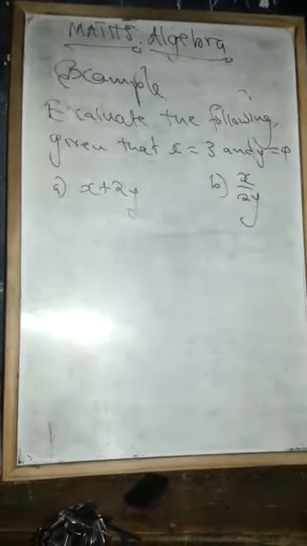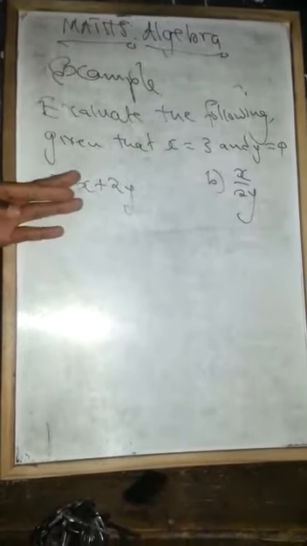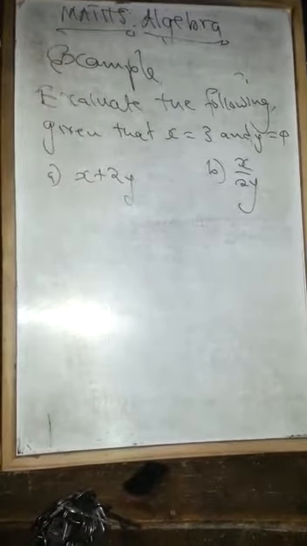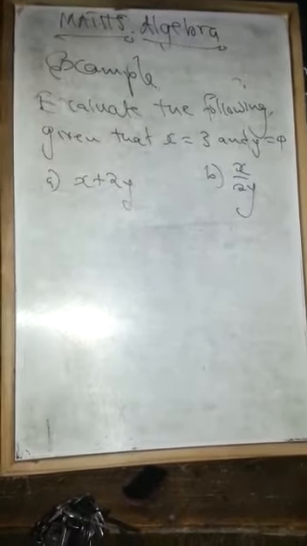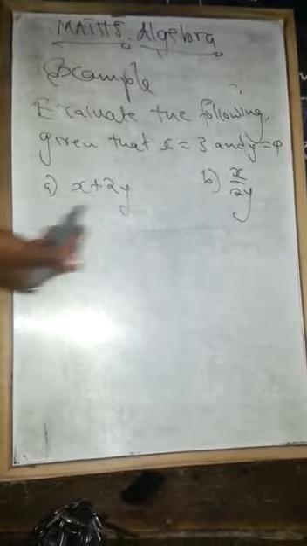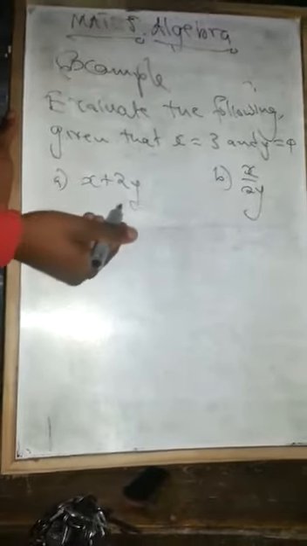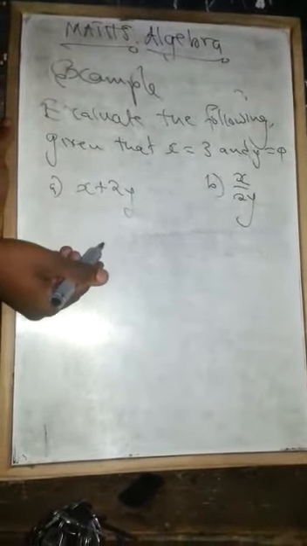Let's look at these examples. We are saying evaluate the following, given that x is equal to 3 and y is equal to 4. We have this expression which says x plus 2y.